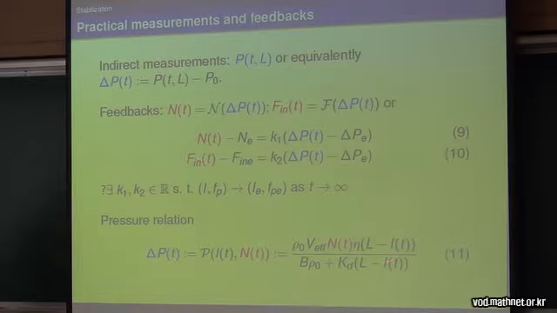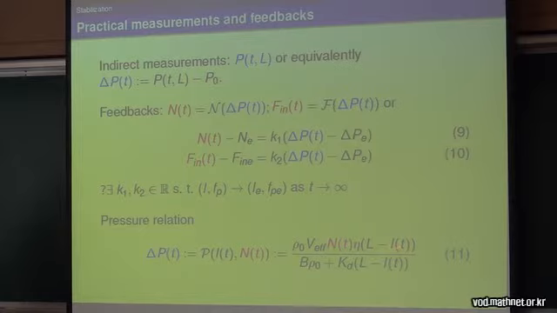So once you observe the value of delta P, together with the feedback law 9 and the pressure relation 11, you can solve the function nt and delta P in terms of the unknown function lt, you see?